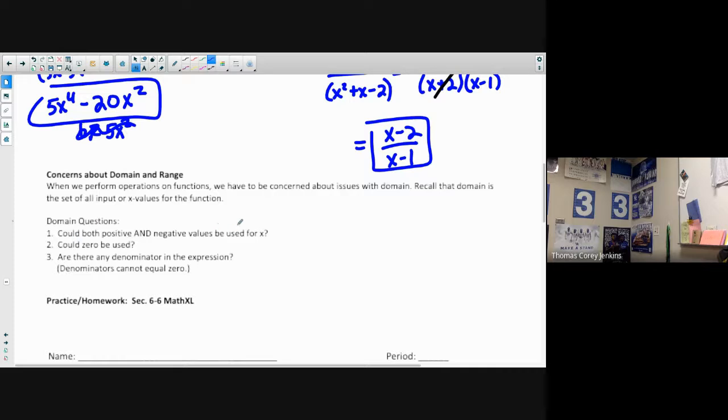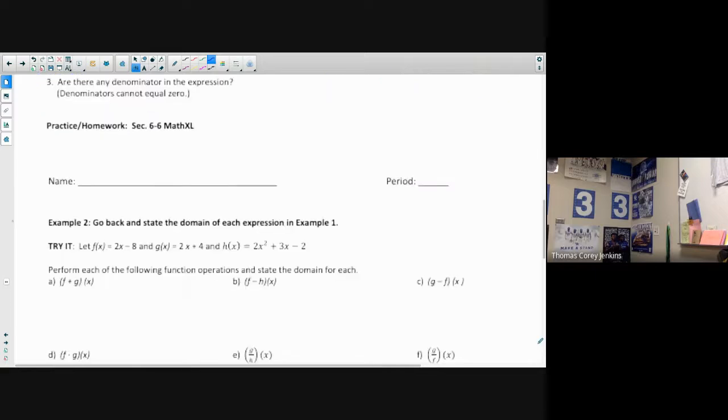And that'll come into play when we have radicals, or specifically square roots. 2, could 0 be used? And then 3, this is the one where we get into a lot. If you have a denominator, denominators can't be equal to 0, right? You can't divide by 0.